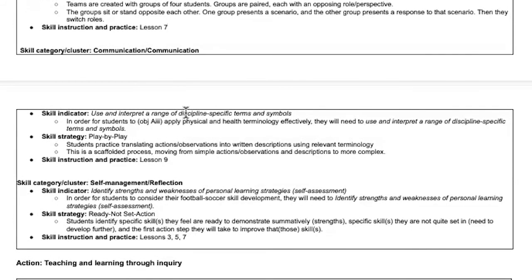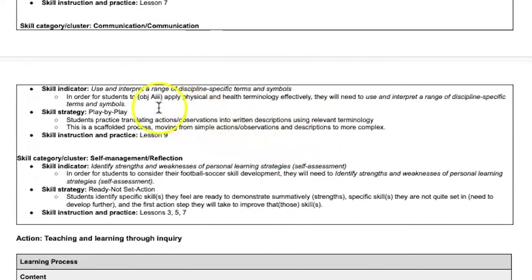So in this particular unit, 19 hours, they have identified 3 skill indicators. Here's the second one, and here's the third one. Each of them identifying, again, the skill category and cluster, the skill indicator, how that skill indicator is intended to support some aspect of the unit.